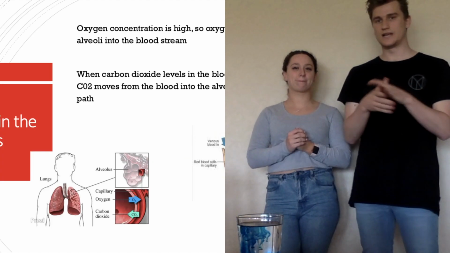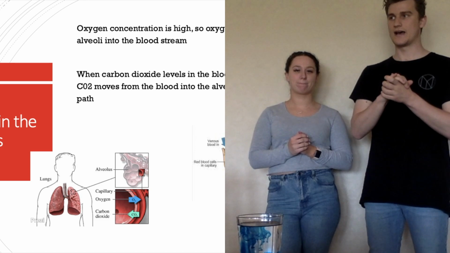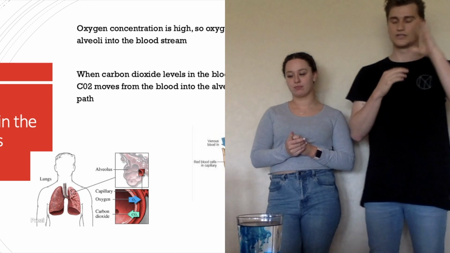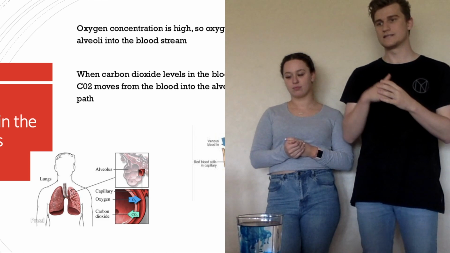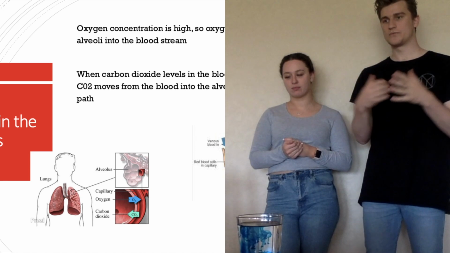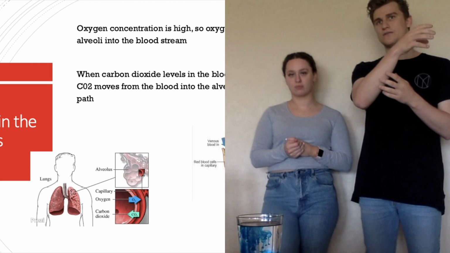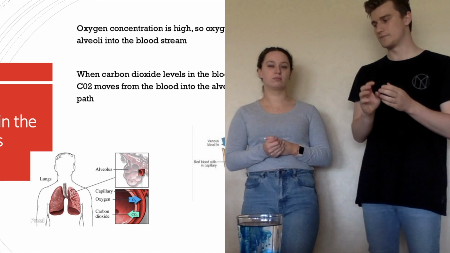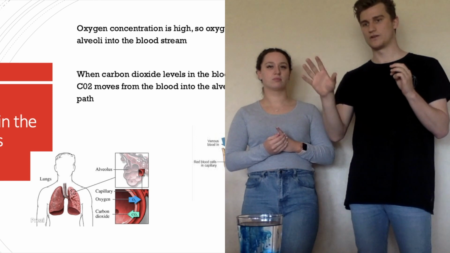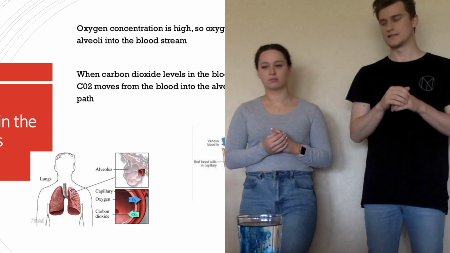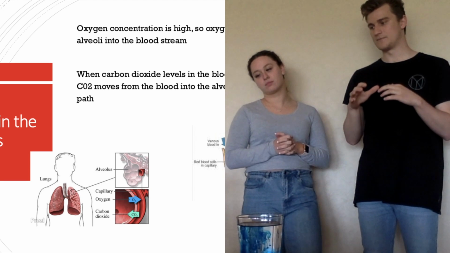Diffusion in the lungs occurs when there's a higher concentration of oxygen in the lungs than there is in the bloodstream, so the body will act to even it out. Oxygen will flow from the lungs into the bloodstream, and CO2 will flow from the bloodstream into the lungs, to even out the flow.